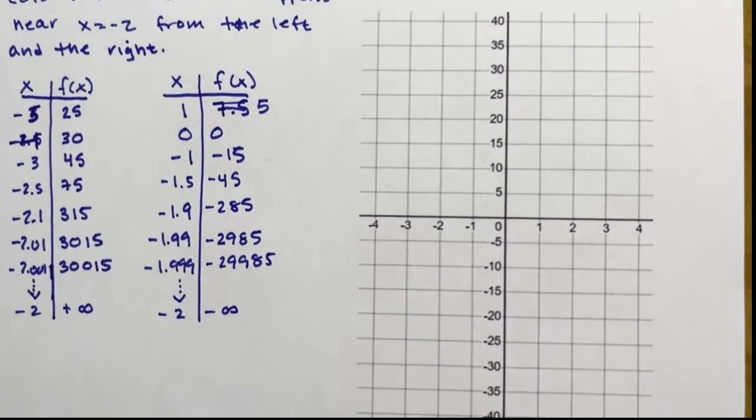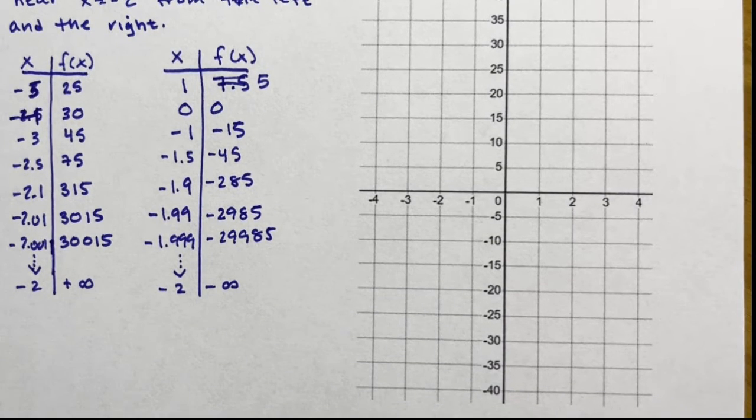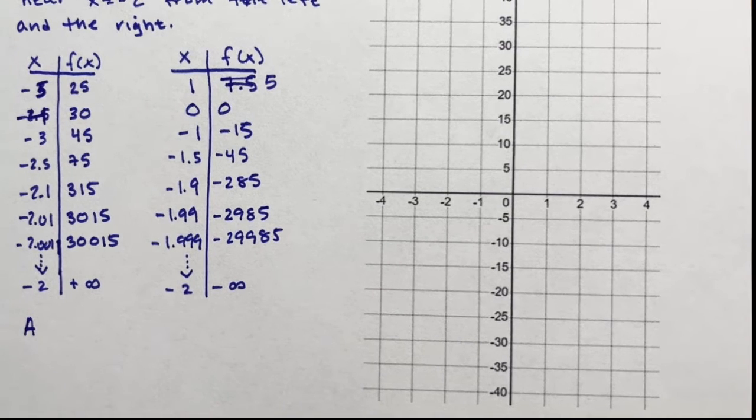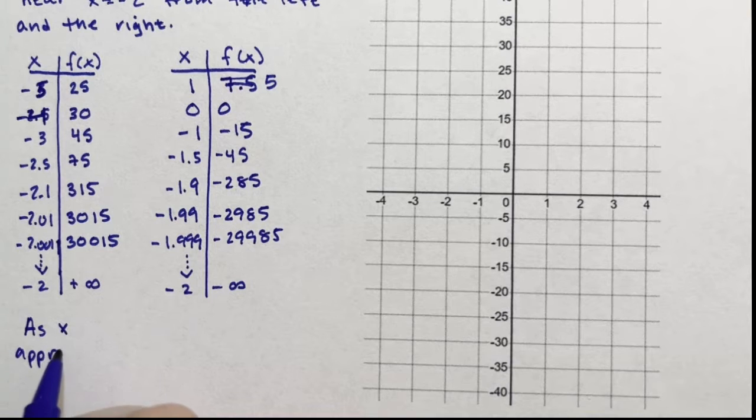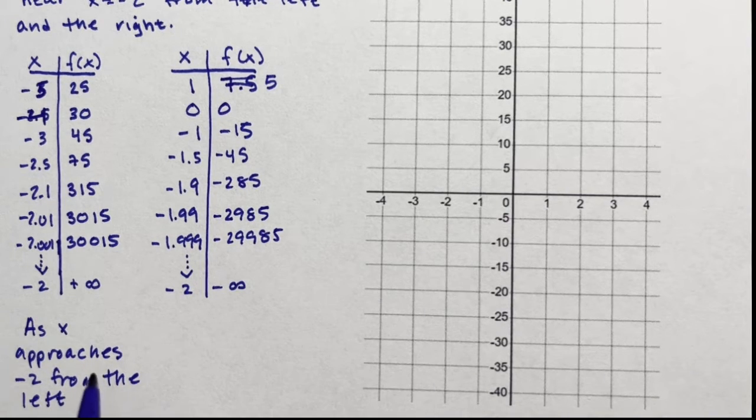So if we want to come up with a conclusion here, for our first one, as x approaches negative 2 from the left, and the way we're going to write that is x approaches negative 2 from the left.